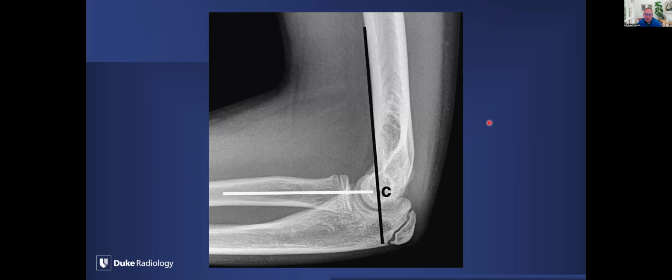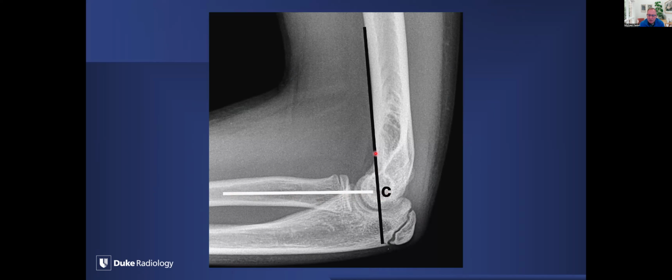Okay, so elbow alignment, right? So here's a lateral view of the elbow. What we typically look for is we draw a couple different lines. So we'll draw the anterior humeral line. It should go through the anterior 1/3 of the capitellum on the lateral view. Additionally, we draw the radiocapitellar line, and that should go through the long axis of the radius and the capitellum, the mid portion of the capitellum, on both the frontal and lateral views.